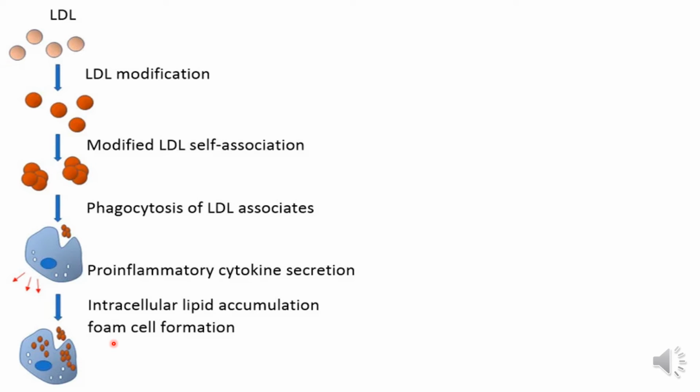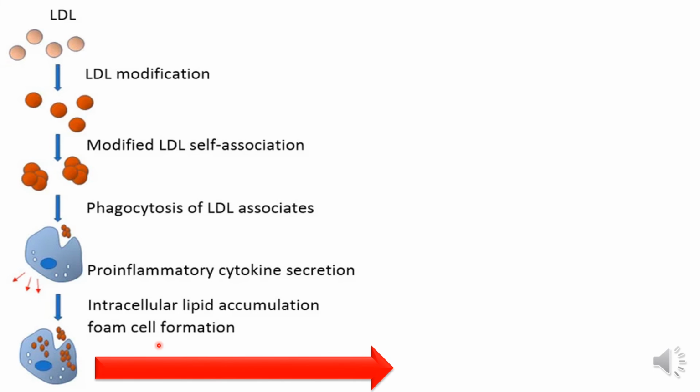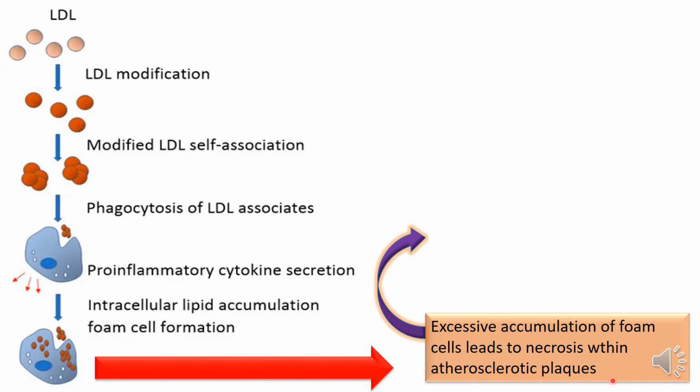The modified and small dense LDL form foam cells. Foam cells in the beginning are not dangerous, but as their size and number increase, their excessive accumulation leads to necrosis within the atherosclerotic plaque. They cause the hardening of the arteries.